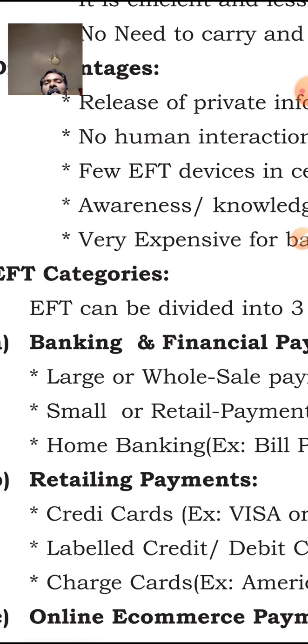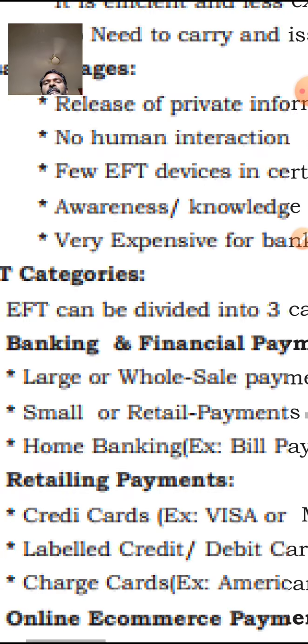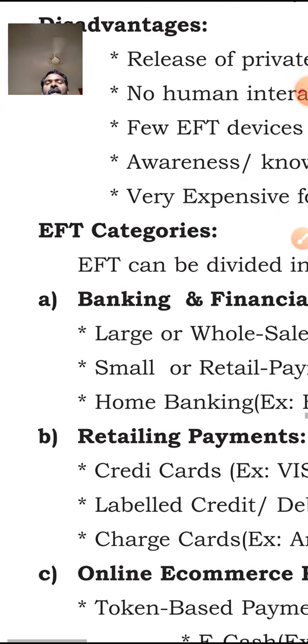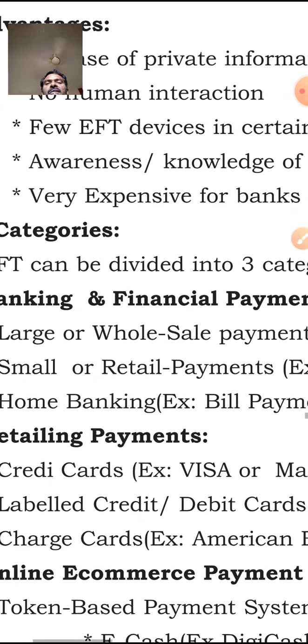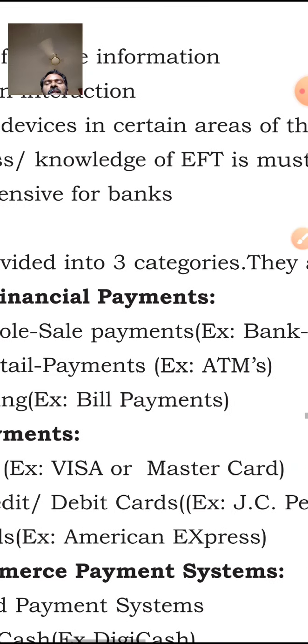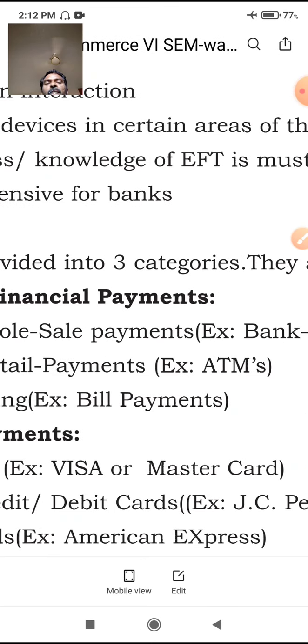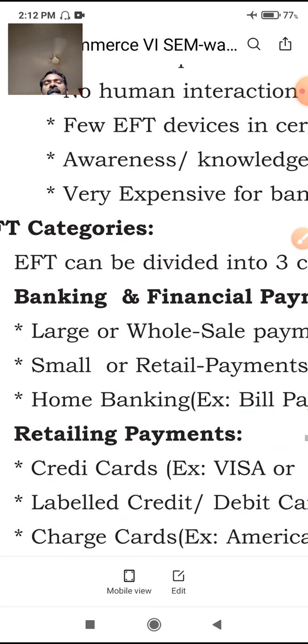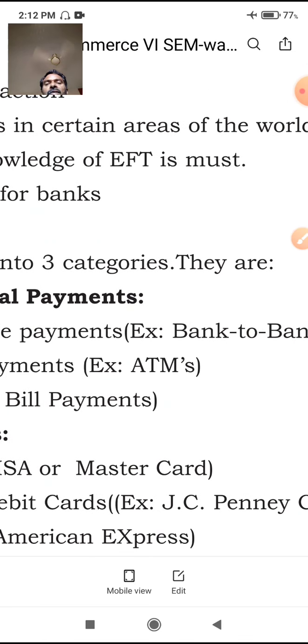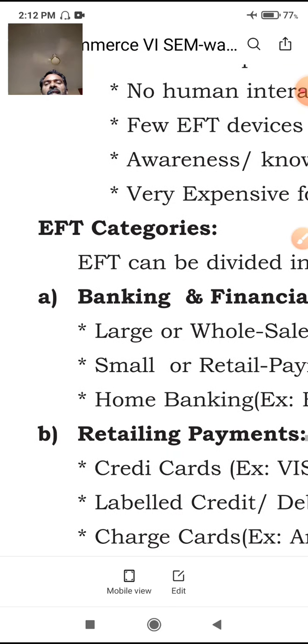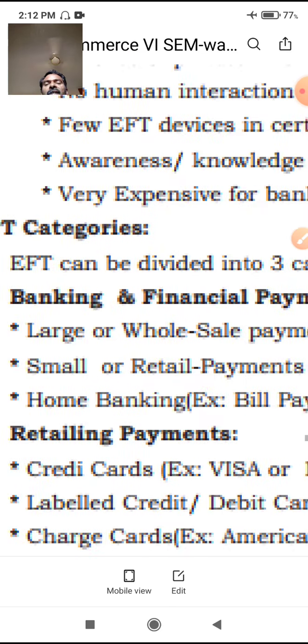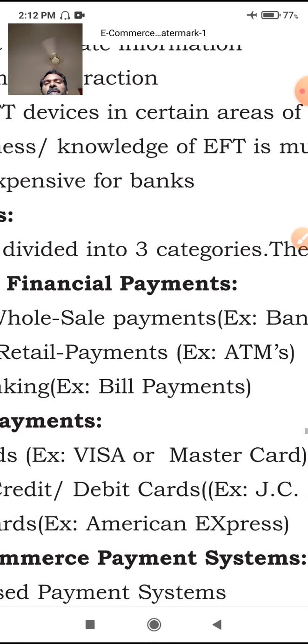So awareness and knowledge of EFT must be there for the customer. Already we just discussed this. The customer must know about the EFT application, and must have knowledge and awareness while using electronic fund transfer applications. Then, it is very expensive for banks.